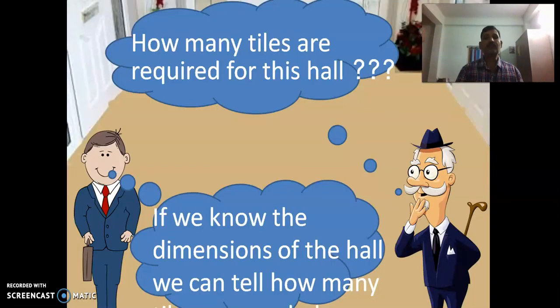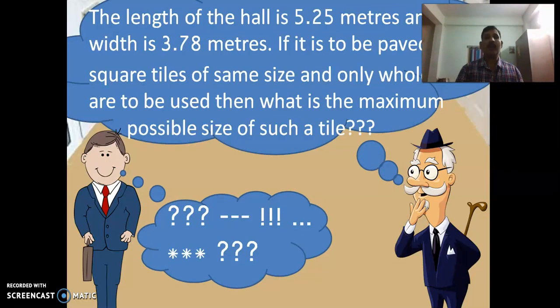Now, one father is asking his son, how many tiles are needed for this hall? For that the son said, okay, if we know the dimensions of the hall, easily we can tell how many tiles are needed. Then his father said, okay, the length of the hall is 5.25 meters and the width is 3.78 meters.